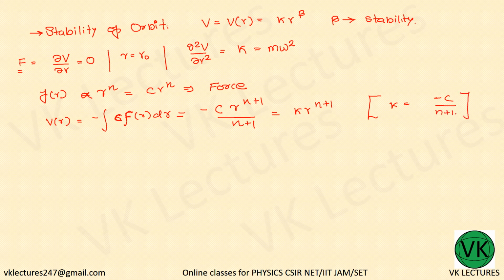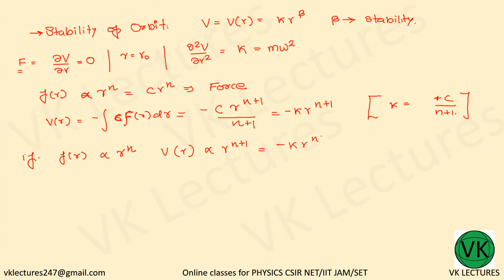Now if the function f of r, that means the force, is proportional to r to the power n, then we can understand that v of r, the potential, will be proportional to r to the power n plus 1. So v of r is equal to k r to the power n plus 1, with the minus sign: minus k r to the power n plus 1.